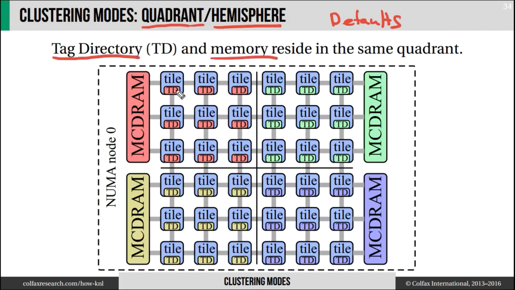It means that if some cache line is served by this memory quadrant, information about it will be stored in a local tag directory. So when you have a request and there is a cache miss, the lookup in memory is going to be short. And this is better than traveling across the entire chip for memory.